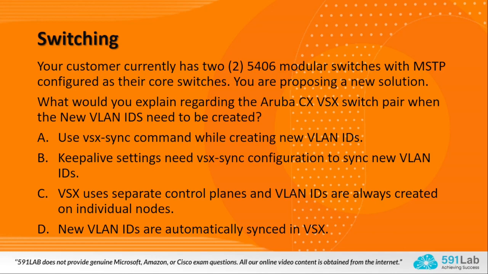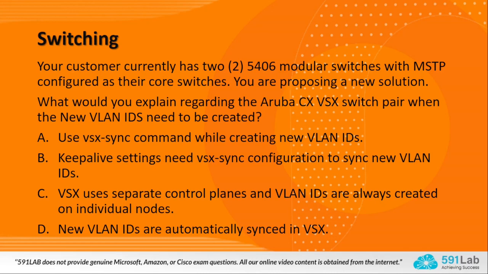Option A, use the VSX sync command while creating new VLAN IDs. This is correct as per the configuration guide I have shown you, because the VSX sync command is available under VLAN context. Option B, keepalive settings need VSX sync configuration to sync new VLAN IDs.